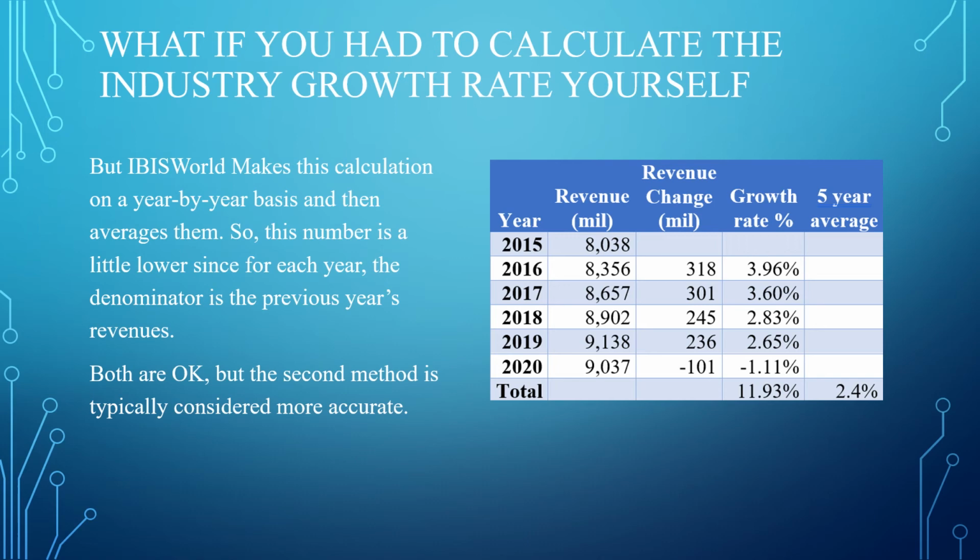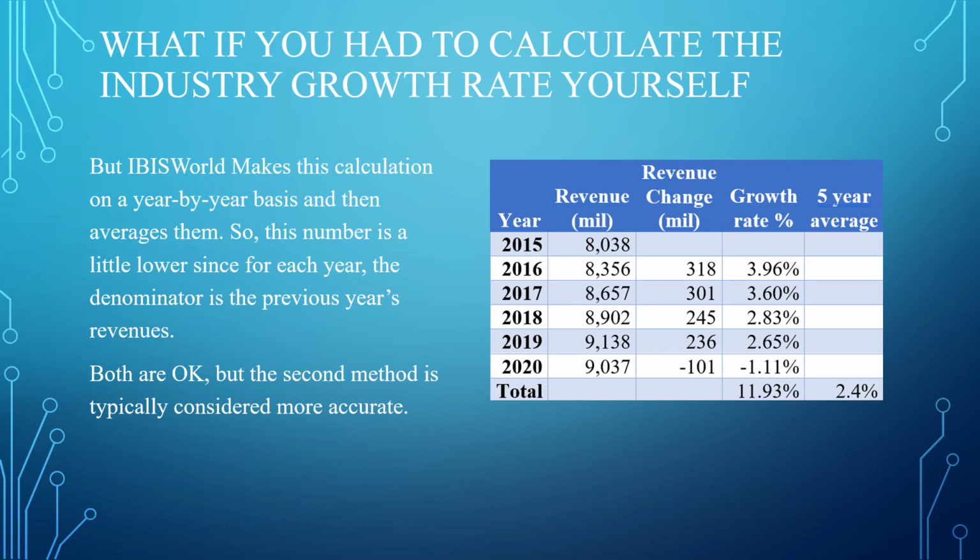So here we have 2015 through 2020, and you'll notice that I have gone in and calculated the revenue change each year, and then the growth rate. For instance, for 2016 it would be $318 million divided by the beginning number, $8,038,000,000.